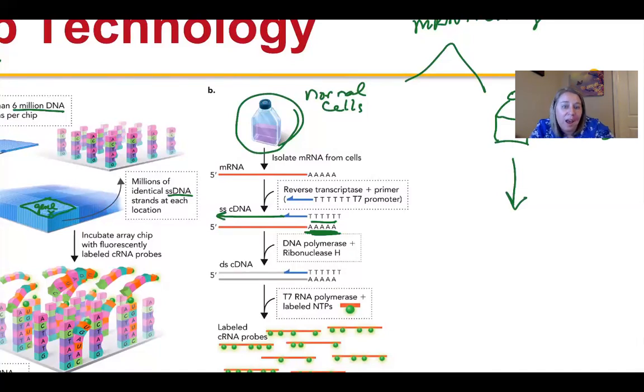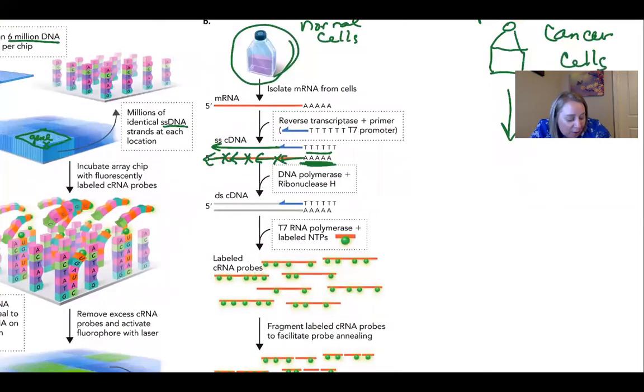Then you put in DNA polymerase and ribonuclease H, just like we did before, and it cuts up the mRNA, leaving little pieces of the mRNA, and then you can make the complementary DNA. So you're left with double-stranded DNA, and we call this cDNA. Anytime you start from mRNA and go backwards to DNA, we call that cDNA because it's complementary DNA. Then we take those pieces and label them with a fluorescent probe.